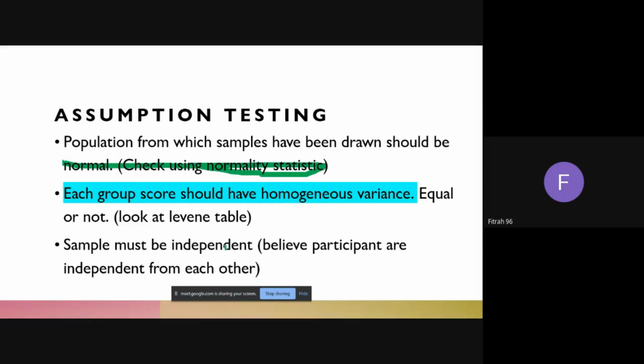Okay, I want to study the frequency of adultery. Do you know adultery? Curang, how do you say it, adultery.